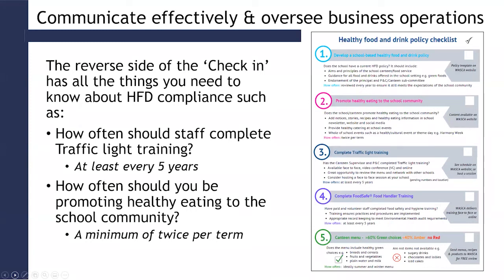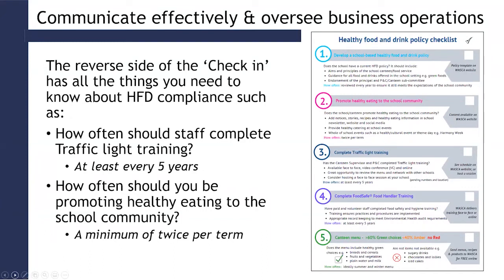So number 3 is to complete traffic light training. We suggest that traffic light training is done every 5 years. However, if you've got somebody that you feel would just like to do a refresher, there's an easy way that you can do that, and that's just by doing it online via our website. So traffic light training is only $15 if your school is a member of WASCA, or $20 if you're a non-member, and it's the same price if it's face-to-face or online.